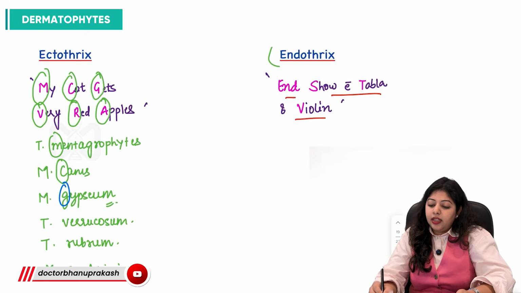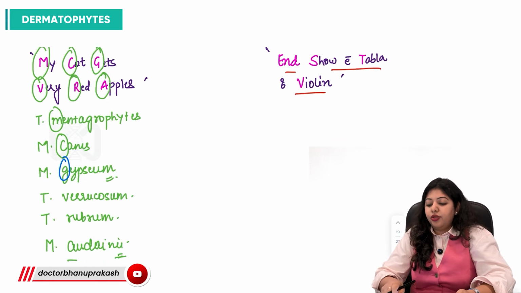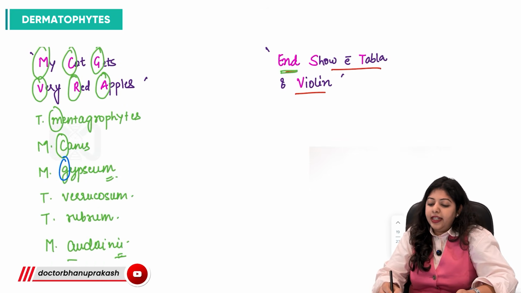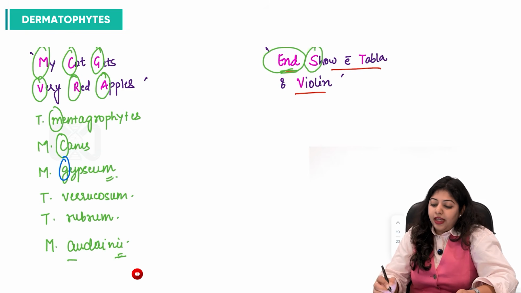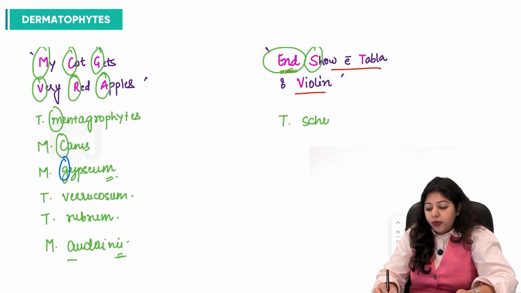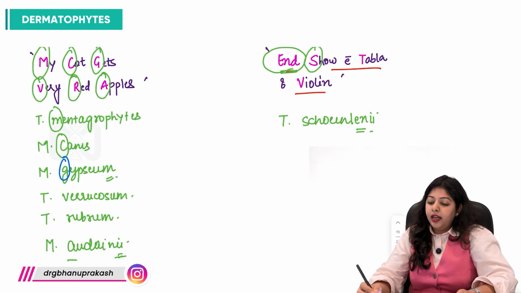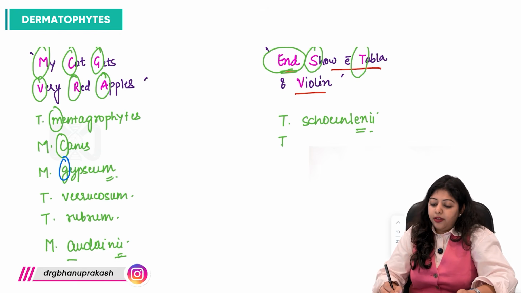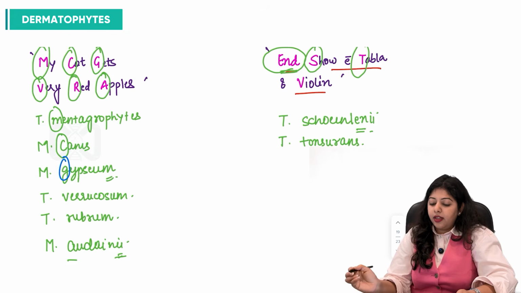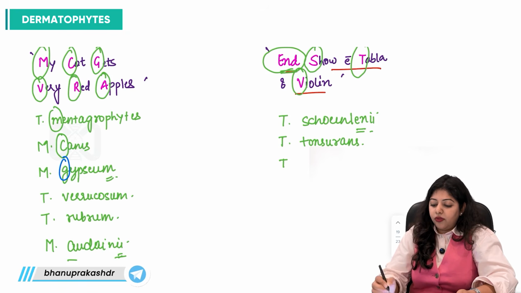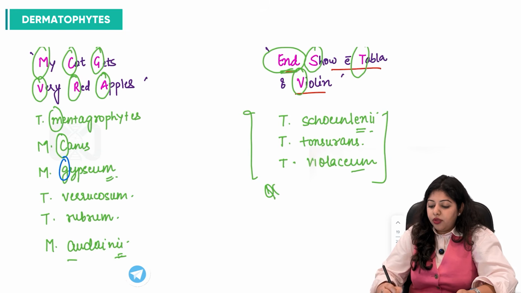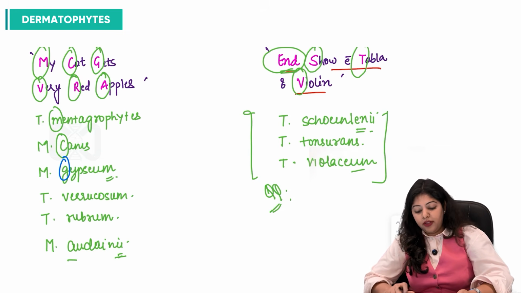The endothrix kind of invasion is shown by three species. End stands for endo, right? S stands for Trichophyton schoenleinii, then T stands for Trichophyton tonsurans, and V stands for Trichophyton violaceum. So these are the three species which would show endothrix-like invasion.